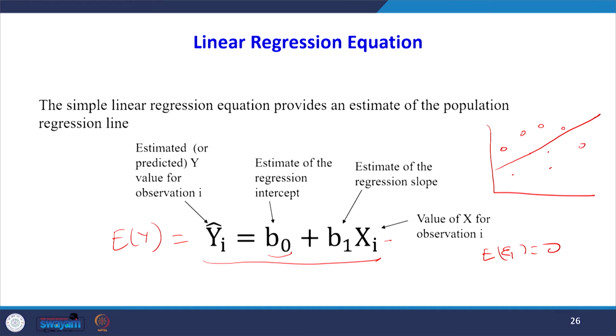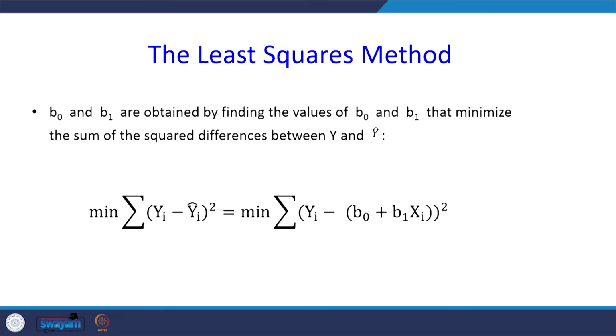If you add them, the expected value of the error will become 0. That is why there is no error term here. Here B0 and B1 are obtained by finding the values of B0 and B1 that minimize the sum of the squared differences between y and y hat.